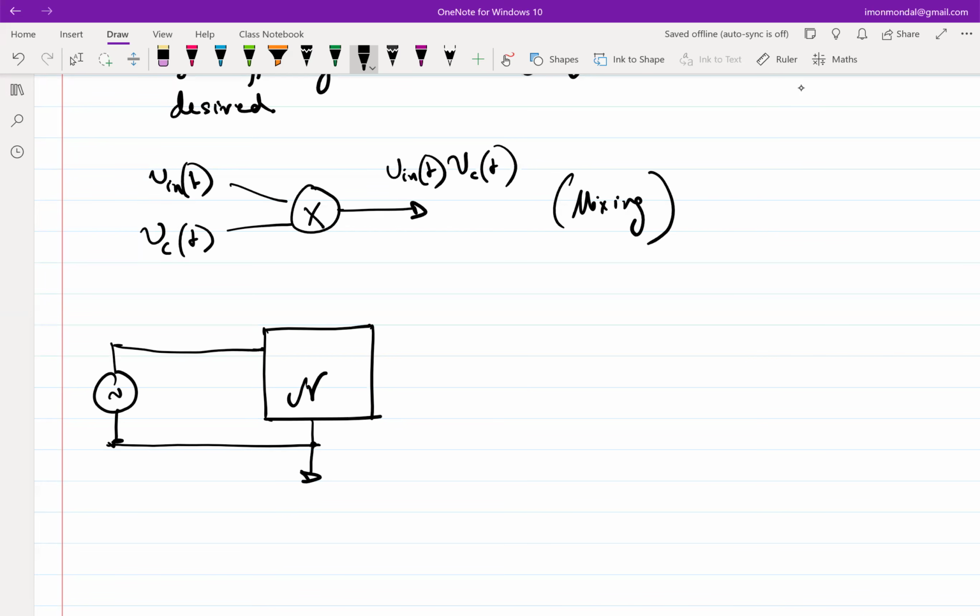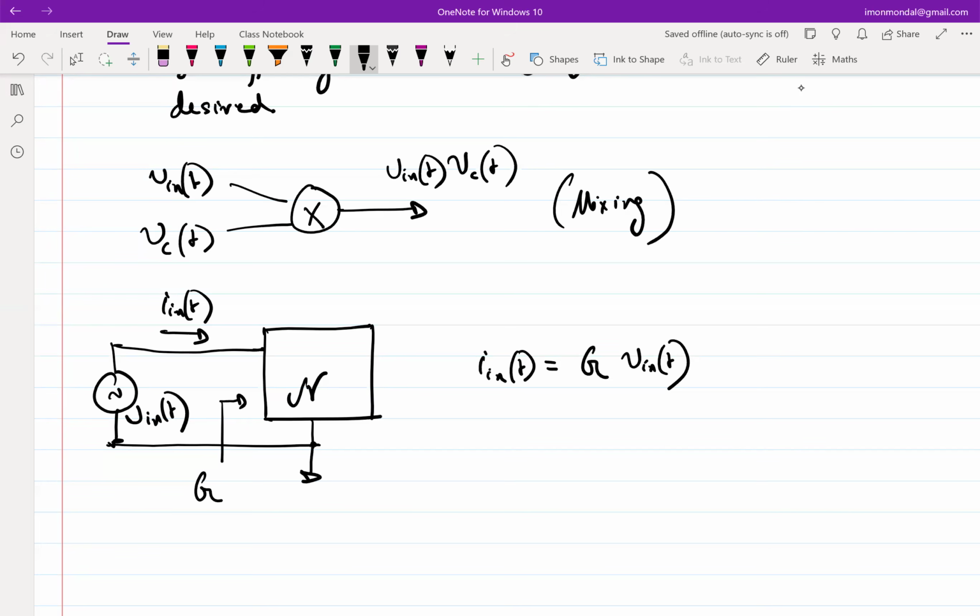Without losing any generality, let's say this is some sinusoid Vin(t) for the time being. We'll generalize it later on. So if I apply Vin(t), I am going to get some current Iin(t). And how do I know what this current is? If I know the input admittance, let's say the input admittance is G, right? So Iin(t) is essentially G times Vin(t). This I can always write, okay?